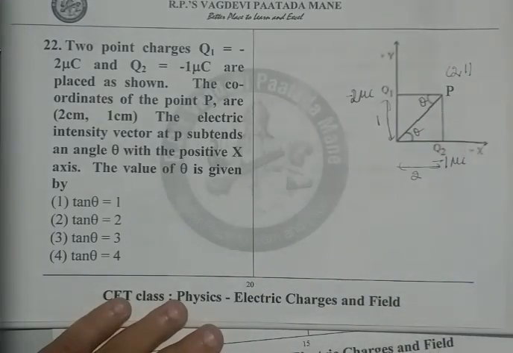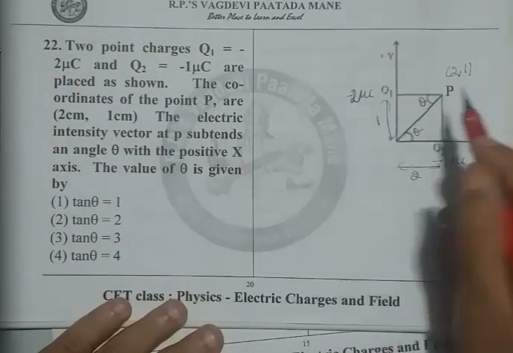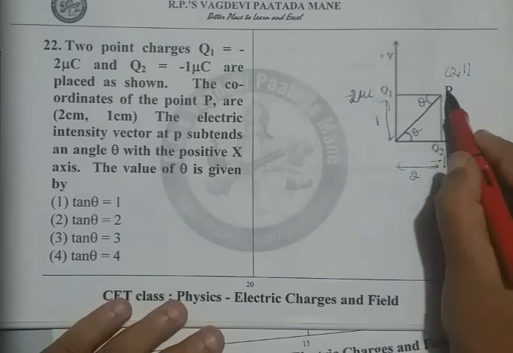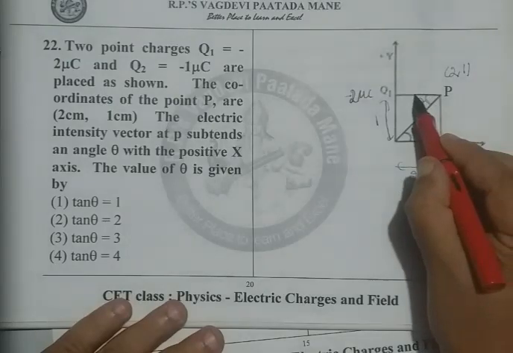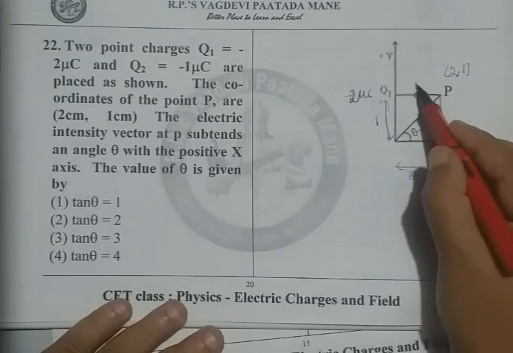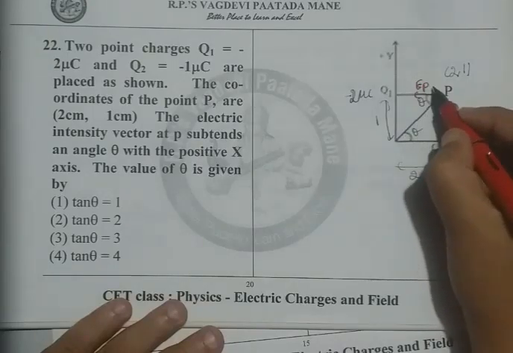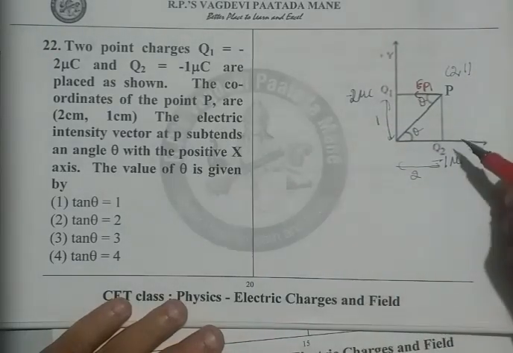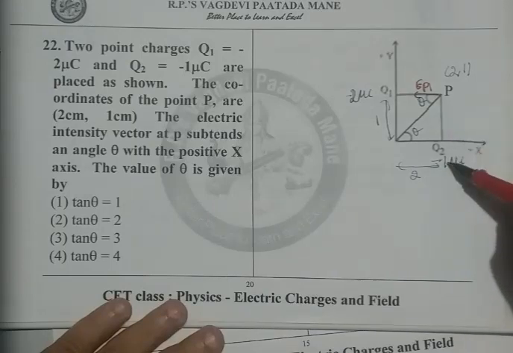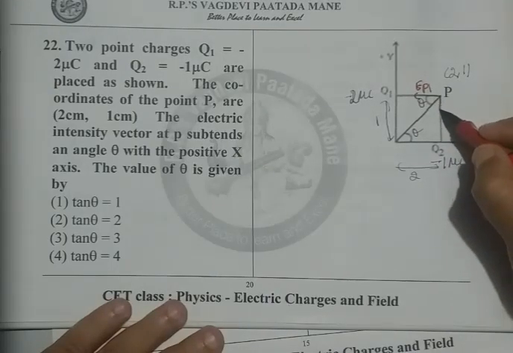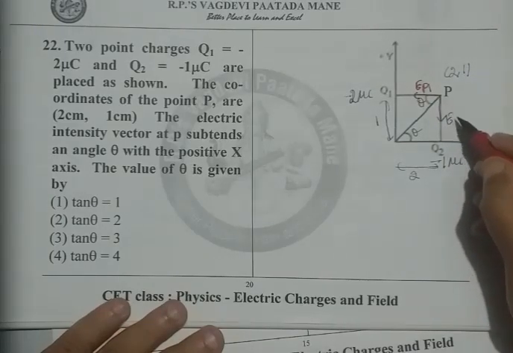We write down the electric field intensity vectors due to two charges. First one, here is minus charge, I write electric field intensity like this, I call it as EP1. And in the same manner, here minus charge, again electric field due to Q2 is to be written as EP2.